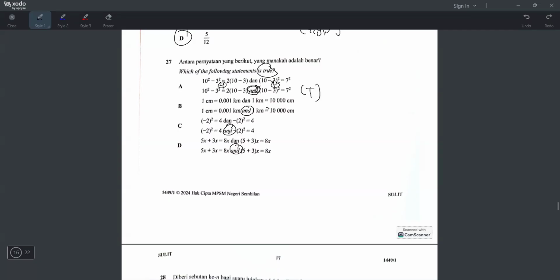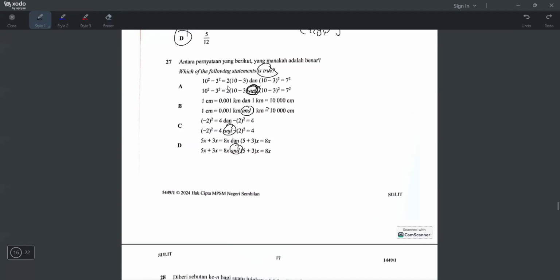Not even one false is allowed. Because if one of the statements is false, then the whole thing is false already. "And" means both must be true to be true. If it's "or", if one of them is true then it's true already. But if it's "and", both must be true for it to be true.